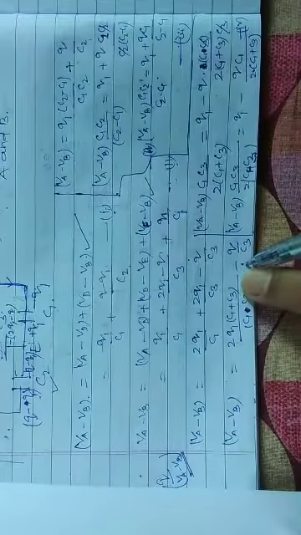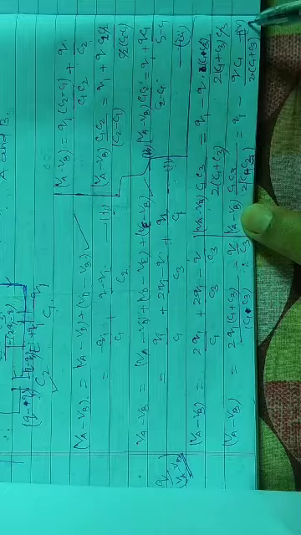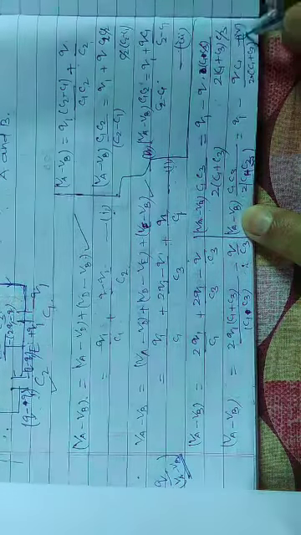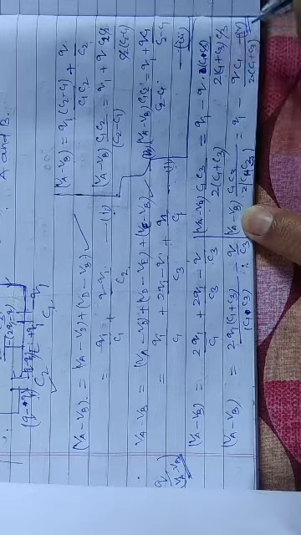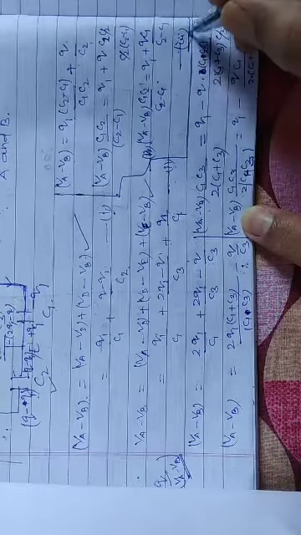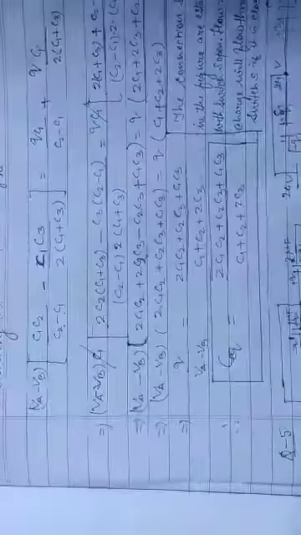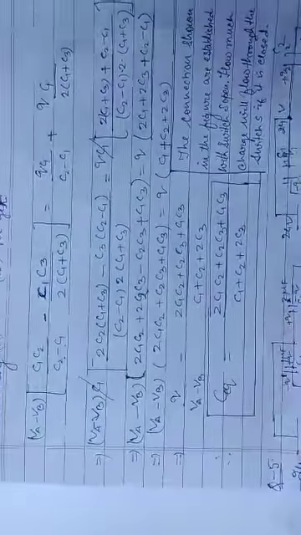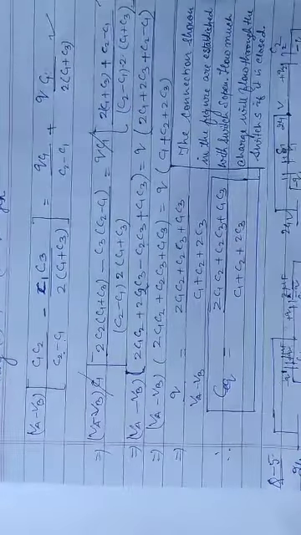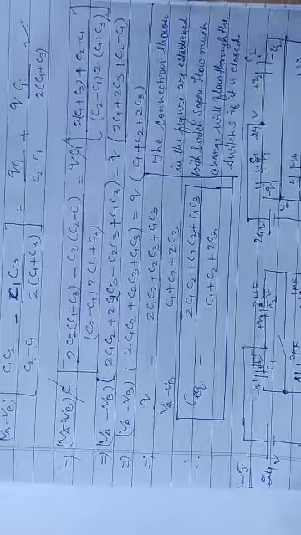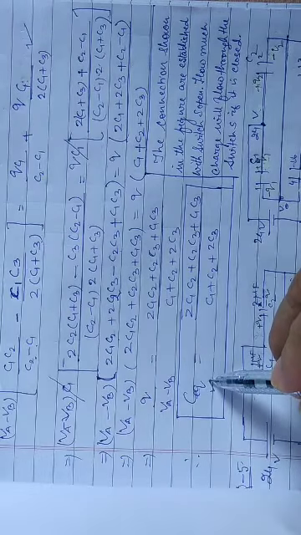This is the fourth equation, and this is your third equation. Now subtracting 4 from 3, we will get this expression, solving which we get the value of equivalent capacitance as shown here.